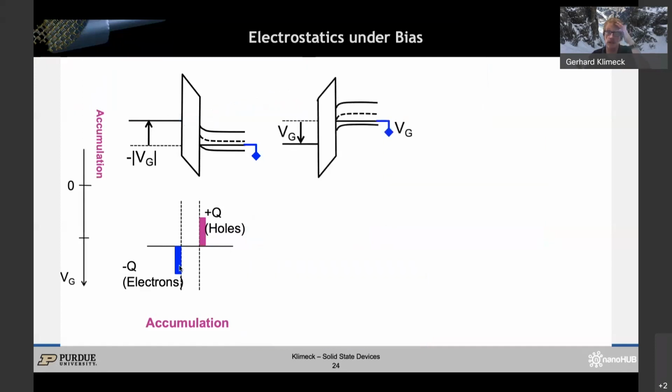Now, if I change the gate voltage and I start to pull the metal down, I will have band bending in the semiconductor here. And that means I'm beginning to deplete the holes here, and will have compensating electron holes over here as well.